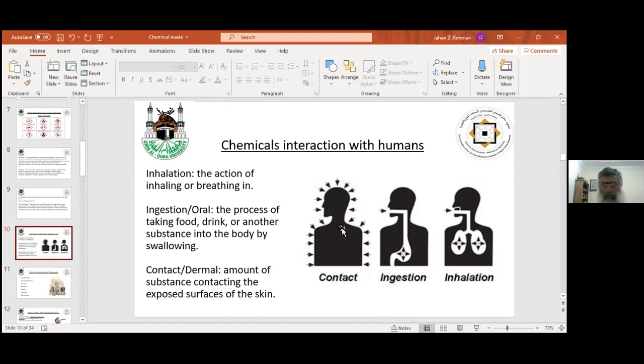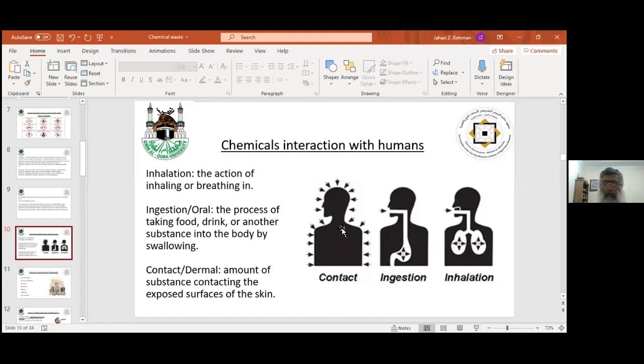This is dermal exposure, because it is also a way to take molecules inside the body. So these are 3 ways. And unfortunately, chemicals can also go into the body in these 3 ways. Oxygen, we are inhaling oxygen. This is a gas, a chemical. So we are inhaling oxygen, and in the same way, we are inhaling all other gases.